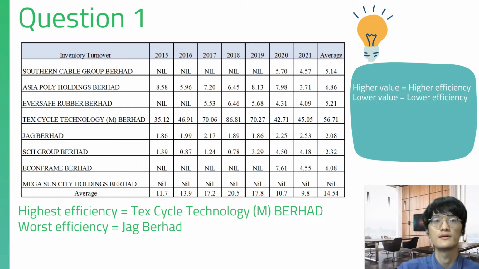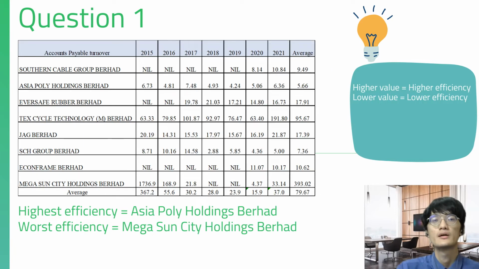So next up, we have the accounts payable turnover. This accounting ratio is used to indicate how many times a company's accounts payable are settled in a given time frame. The company with the highest average accounts payable turnover is Megasun City, which recorded 393.02, while the company with the lowest accounts payable turnover is Asia Poly Holdings Berhad, which recorded 5.66.